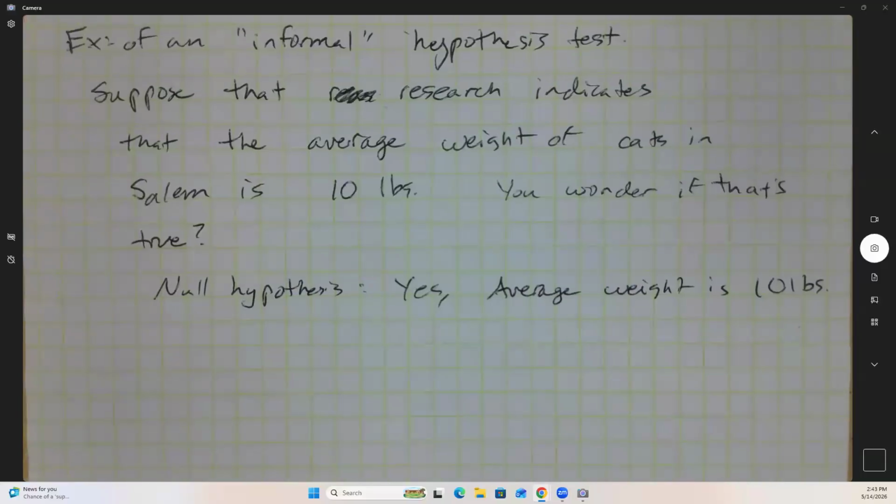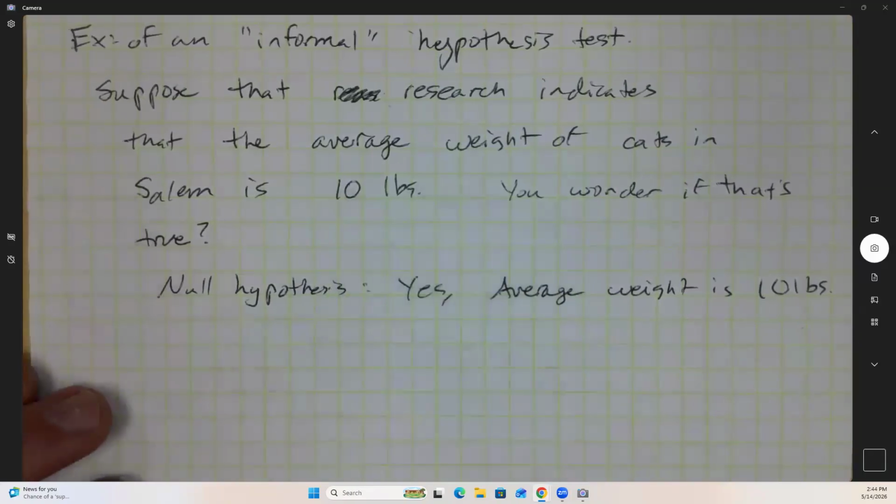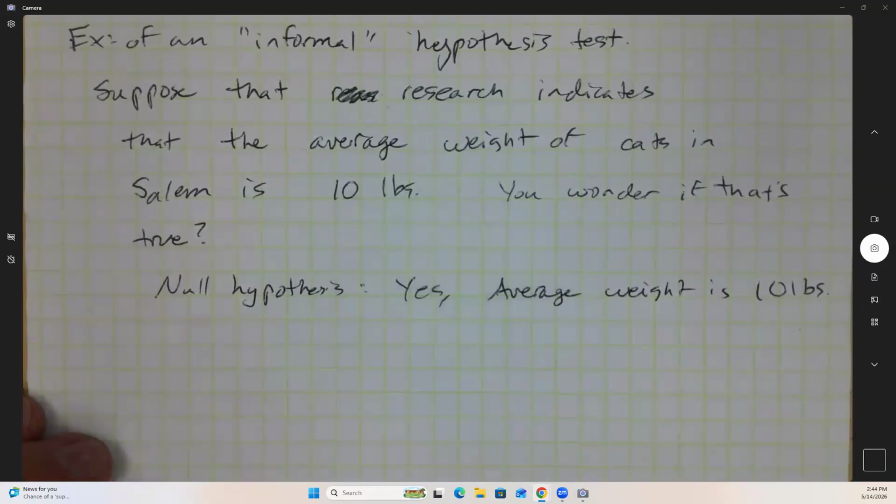Is there anything interesting going on in Salem in regard to the average weight of cats? No, right? If Salem is the same as everywhere else in terms of the average weight of cats, we say, okay, cool, moving on, studying something else.